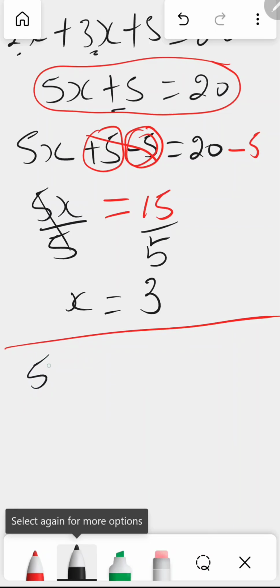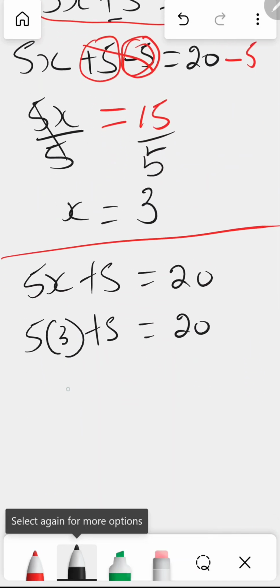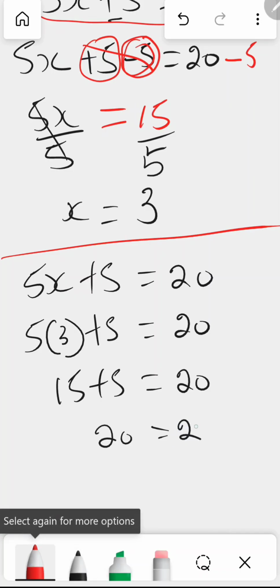We have 5x plus 5 is equal to 20. So 5 times 3 plus 5 is equal to 20. 5 threes are 15, plus 5 equals 20. And 15 plus 5 is 20, which is equal to 20. So that would make your answer correct.